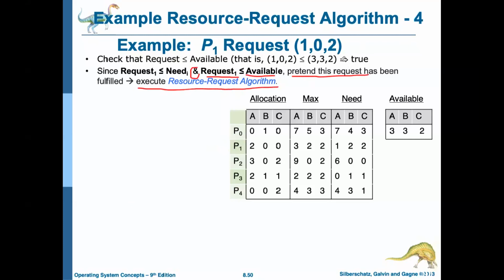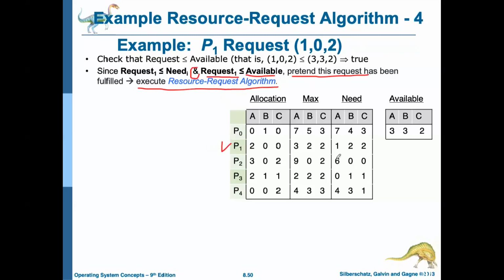P1 is here. The request is P1 request 102. Less than 332 is true.